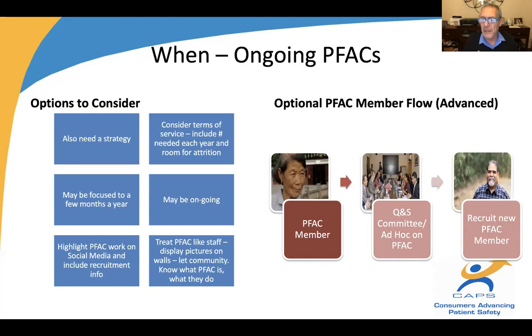Why lose somebody like an Armando that has been engaged, let's say, for this period of time at the council? Move them into committees and then make them ad hoc members. So you grow your PFAC constantly. And now all of a sudden you have 10 committees of patients and family members that are helping you on quality and safety, are helping you on hand hygiene compliance or CLABSI or sepsis.